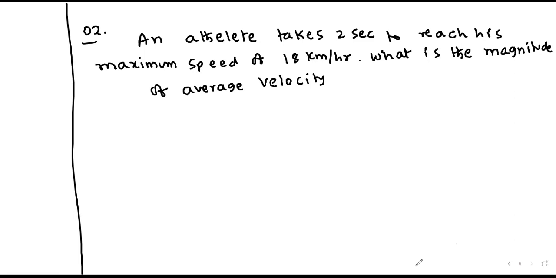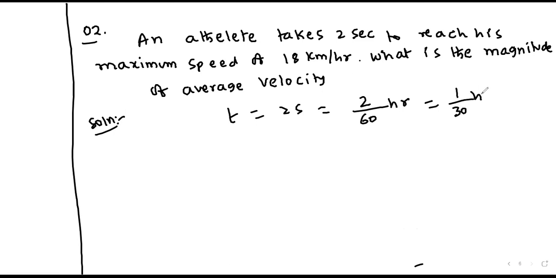Average velocity. Firstly, they gave the time, 2 seconds. Convert into hours. That is, we can write as 2 by 60 hour, that is nothing but 1 by 30 hour.